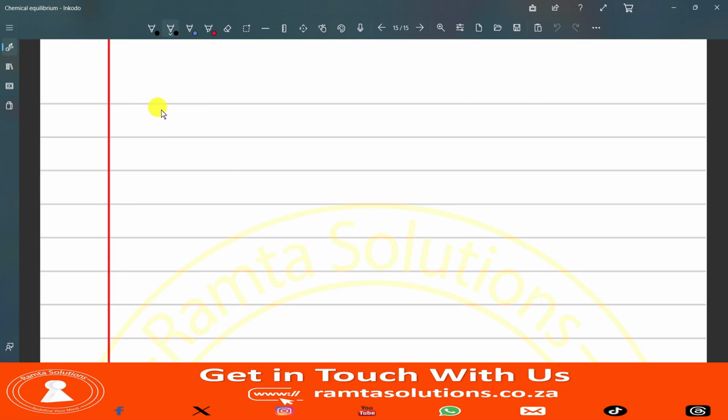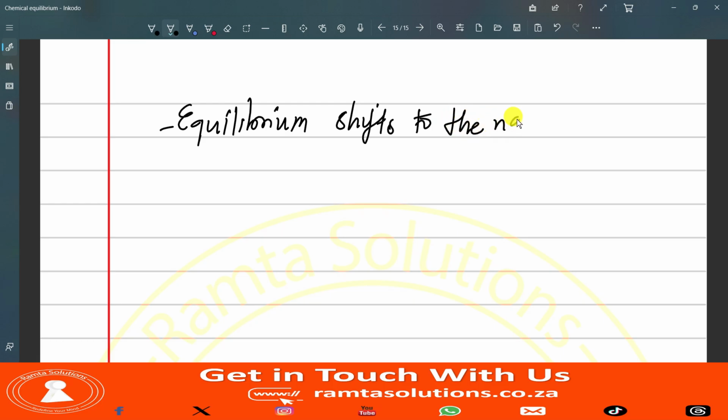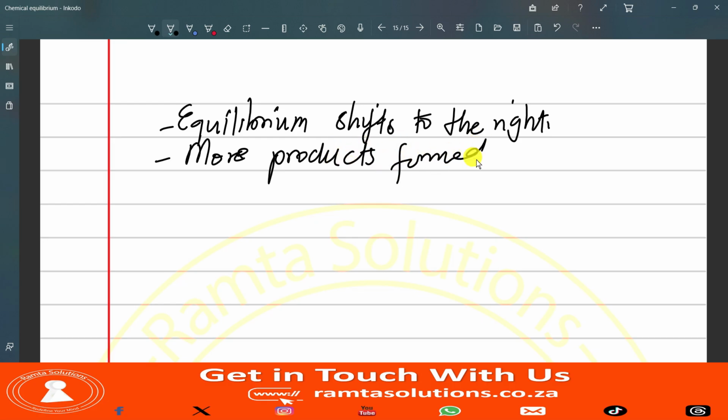This means equilibrium is moving to the right. Equilibrium shifts to the right. So what is happening here? More products are formed. So how do we determine the value of Kc?